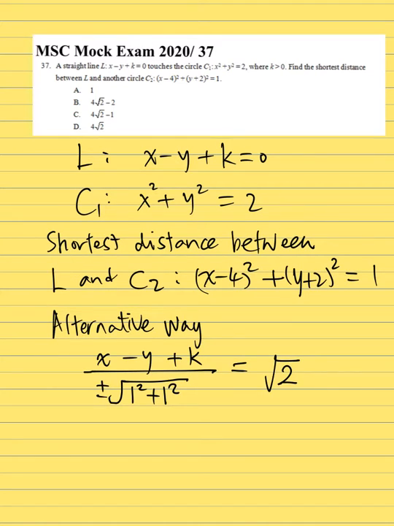And x and y are replaced by the center of C1, which is just 0, 0. So quite clear, k is plus or minus 2, which once again we reject the negative, and k is positive 2.